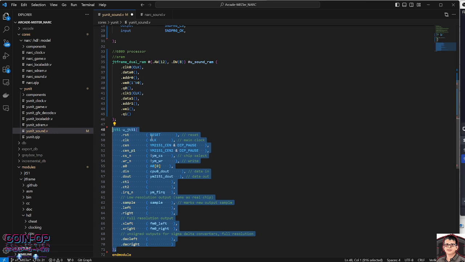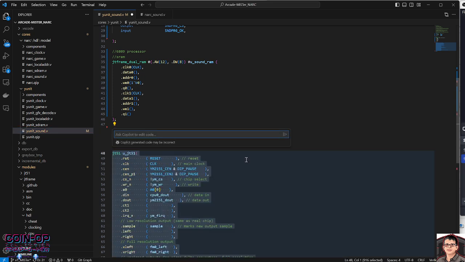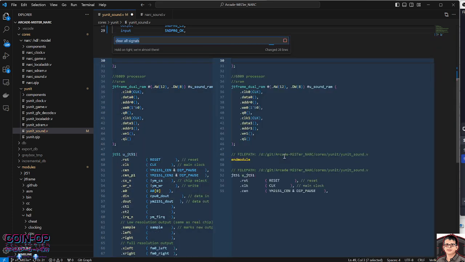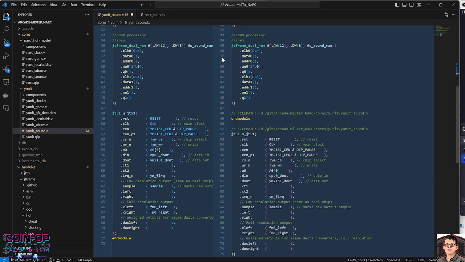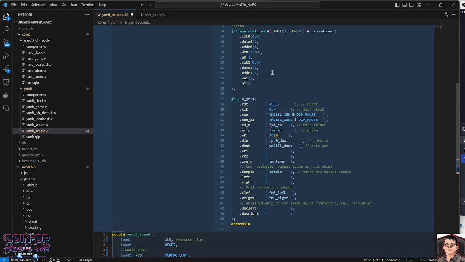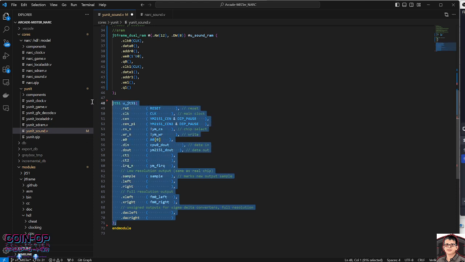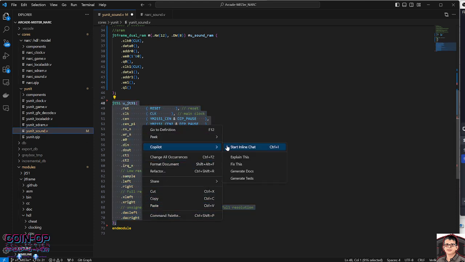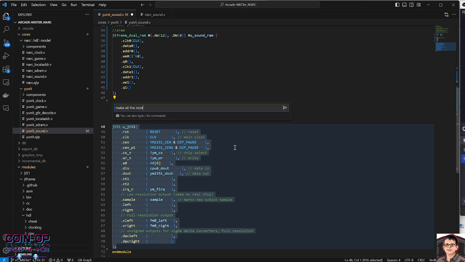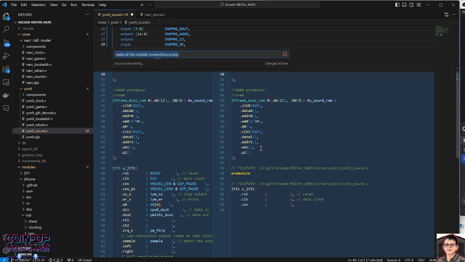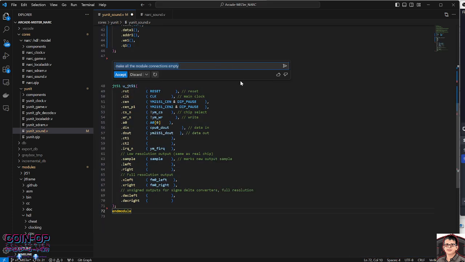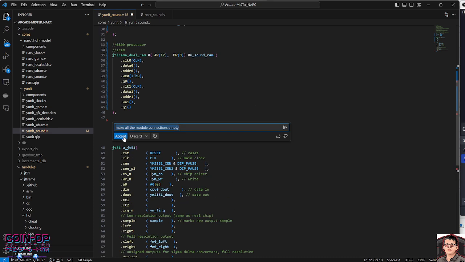Clear all signals. Oh, that didn't do a good job. What's going on? Make all the module connections empty. There we go. What happened? Where did it go?